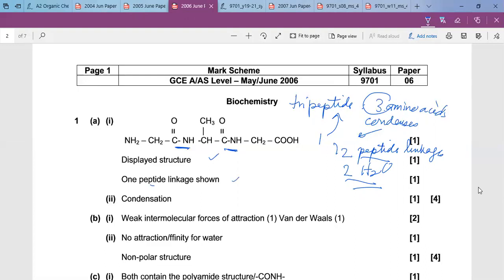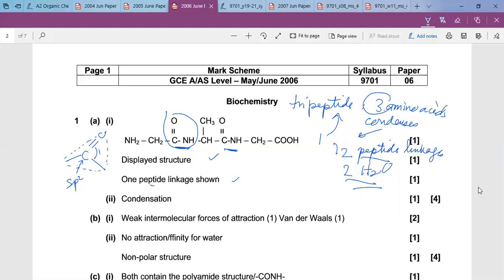Peptide linkage showing up. Now remember, this linkage here is a flat molecule because the carbon here is sp2. sp2 hybridization, so remember, this is a flat trigonal molecule.